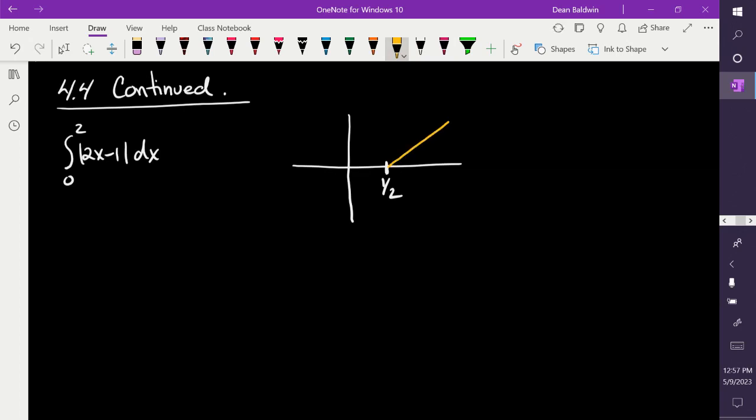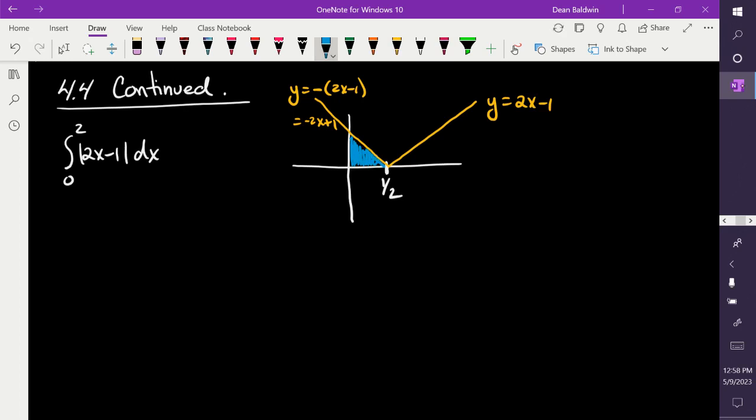You get this part, which is 2x minus 1. But then you get the other part, which is the negative, which becomes negative 2x plus 1.